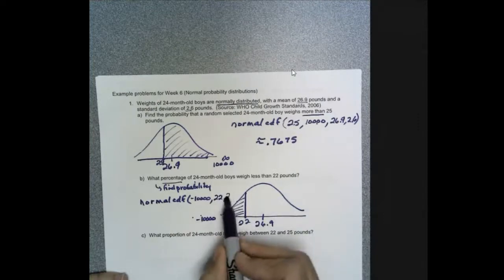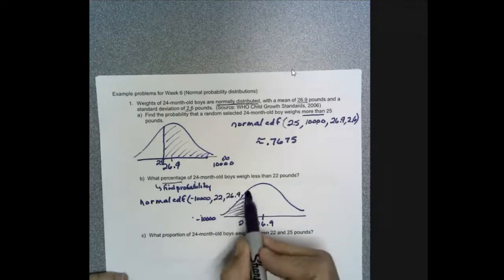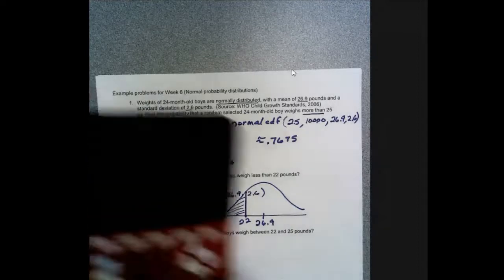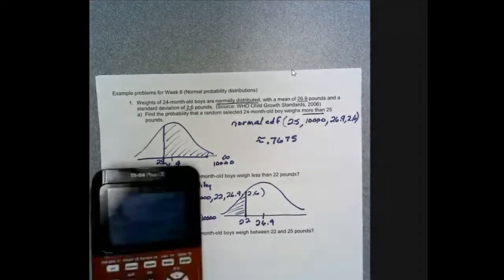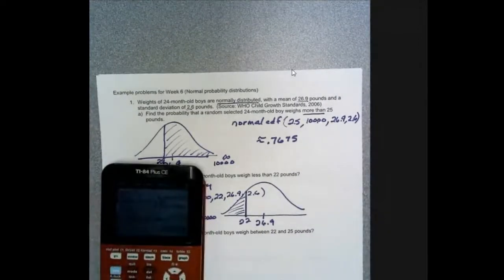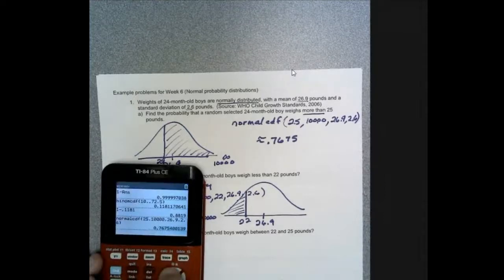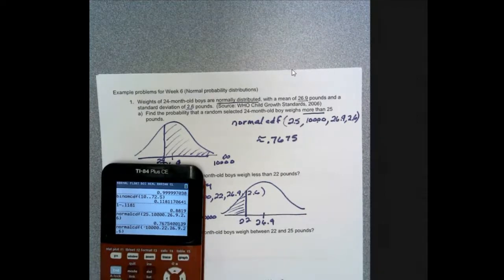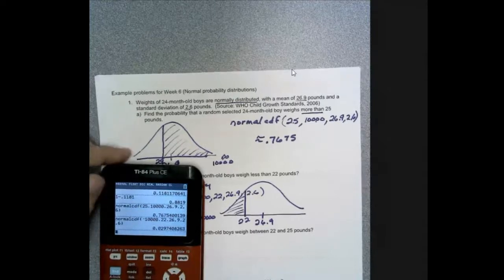And then I'm putting in my mean and my standard deviation. Since I already have this partly on my calculator, I'm just going to go up there and copy this, and all I have to change is the lower bound and the upper bound. So I still have the same mean and the same standard deviation.